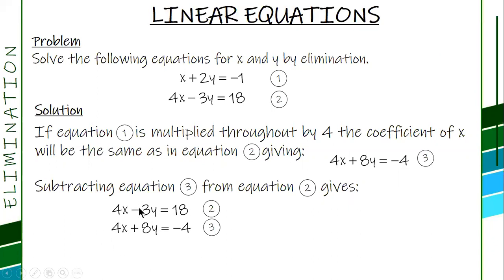Pero kung opposite sila og sign, i-add nimo para ma-0. But in this case, positive man po ang 4x, then i-subtract na to. So, ma-0 na. Negative 3 minus 8, you have negative 11y. And then 18 minus negative 4, that's positive 22. Same lang sa previous method, i-divide mo negative 11, you will have y equals negative 2.